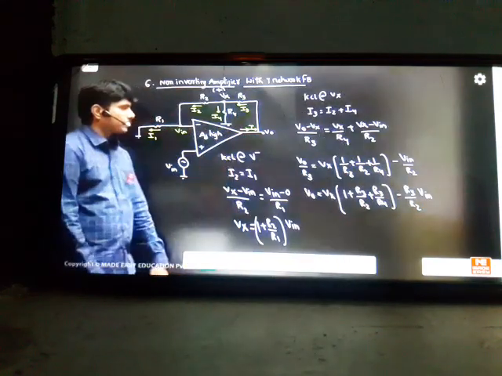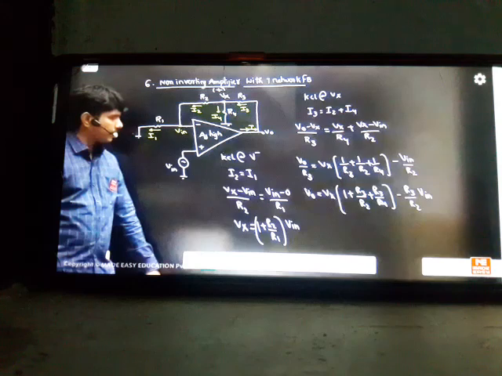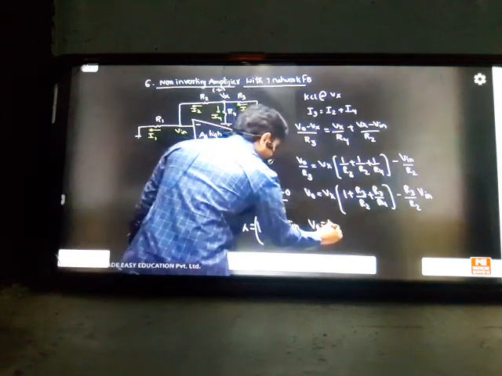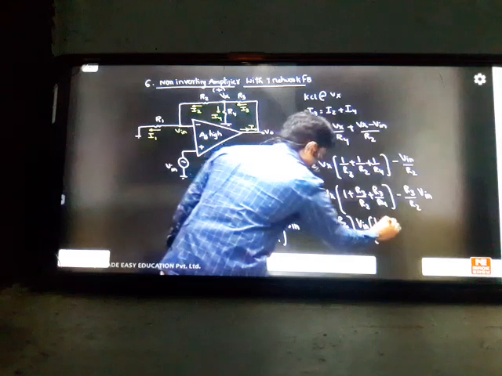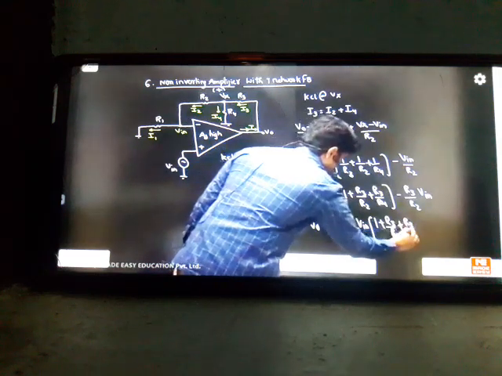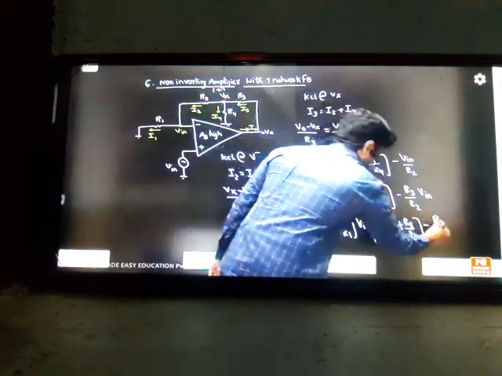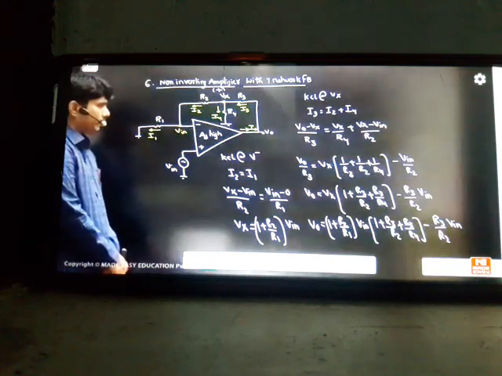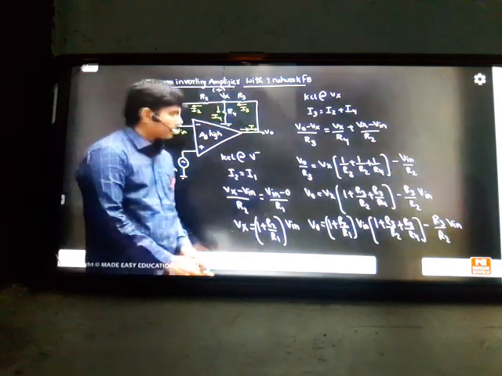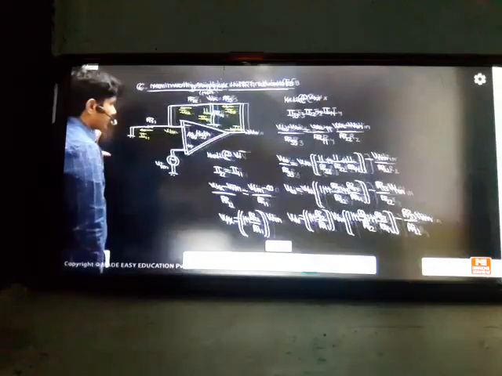That R3 goes for both the expressions. So what is Vx? If I substitute this formula, it will be 1 plus R2 by R1 into VIN into 1 plus R3 by R2 plus R3 by R4, minus R3 by R2 into VIN. So you may get the concept like this. If you take VIN common here, you can find the transfer function. So finally you get the expression for this concept.